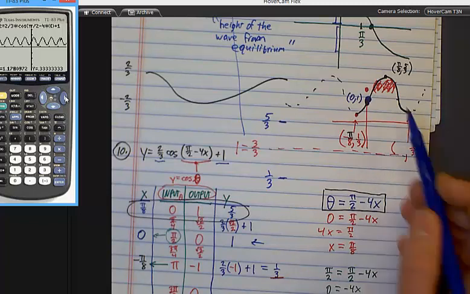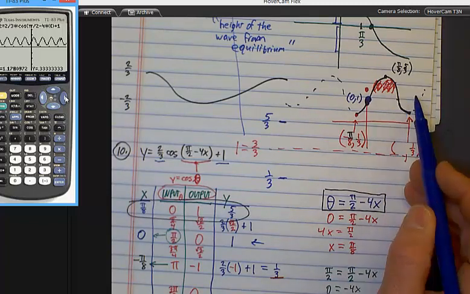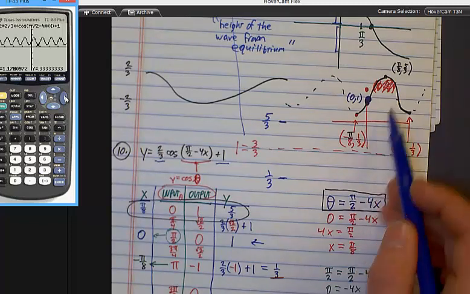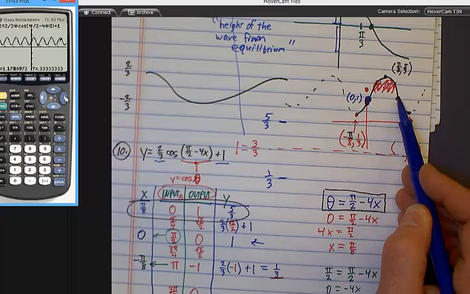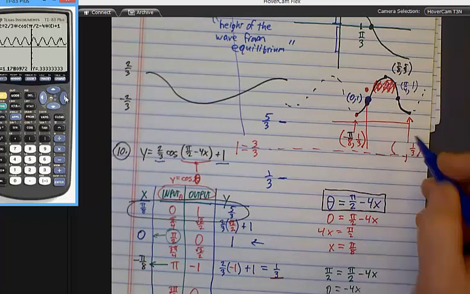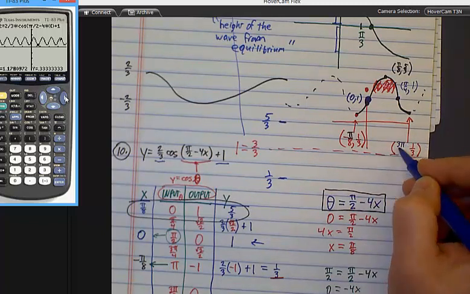How many pi over 8s would it be then to get to here? Here's 1 pi over 8. 2 pi over 8s would put me back down to here. That's pi over 4, comma 1. And then another pi over 8, this is going to be 3 pi over 8.